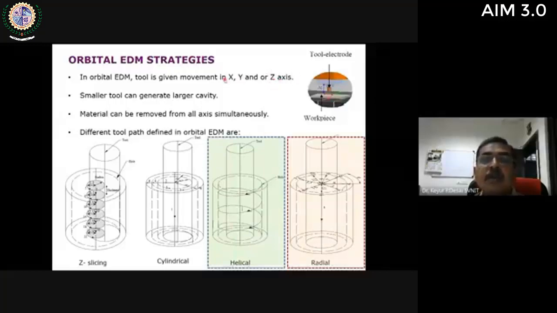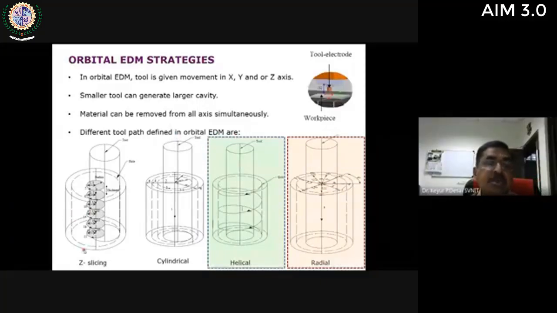Now we are adding two more motions in the XY plane. A smaller tool can generate a larger cavity, meaning the same tool can be used to generate multiple cavities. Material can be removed from all axes simultaneously, and different tool paths are defined in orbital EDM.